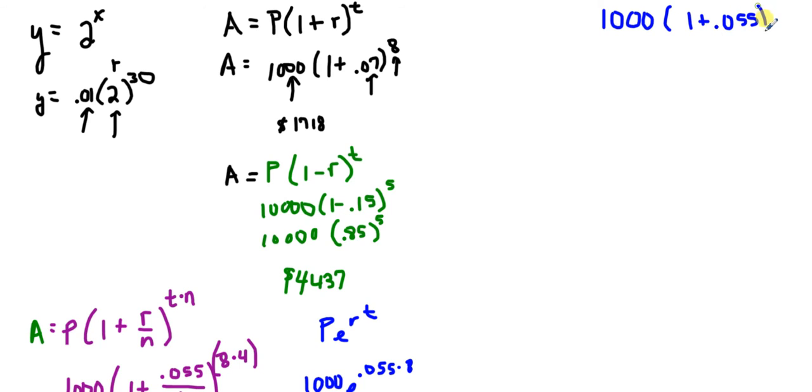And I'm going to say, how long is it until we have $2,000? So we need to solve for t. That's the whole point of using logs. So I divide both sides by 1,000. That's going to give me 2 equals 1.055 to the t.